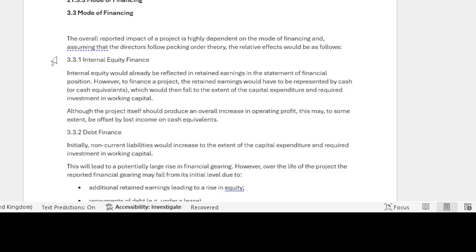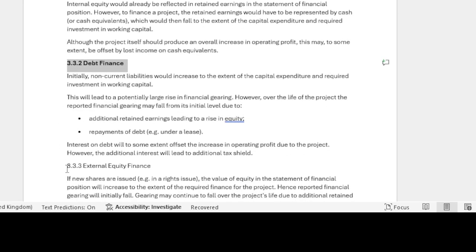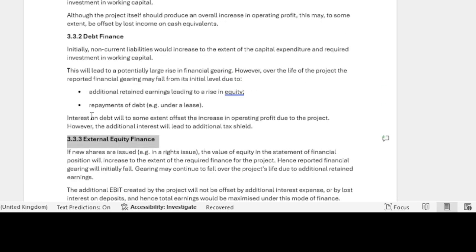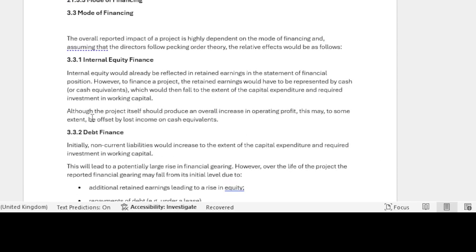We can now look at the modes of financing an organization, the different financing modes that we can use as an organization. We had also looked at some of these, I think, in the previous class. We can do financing by internal equity finance, where we looked at things like using retained earnings.